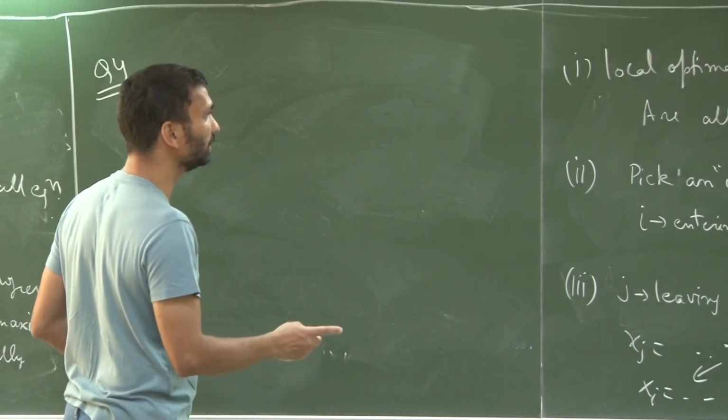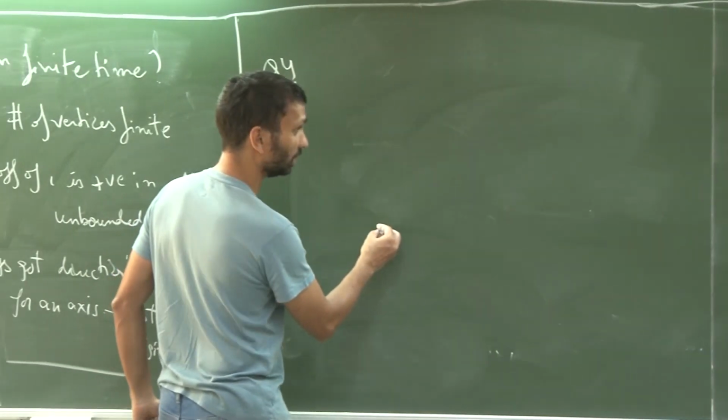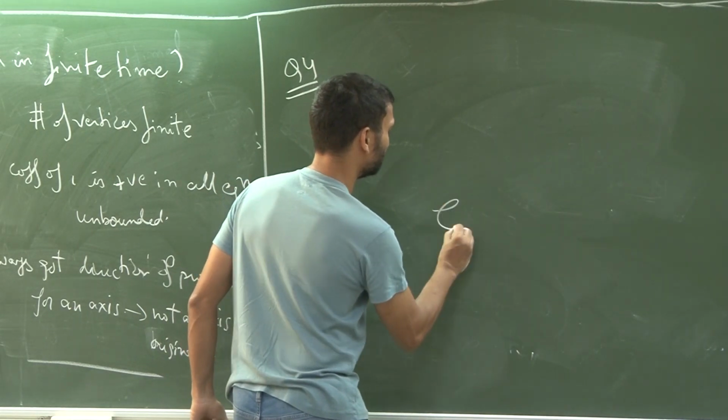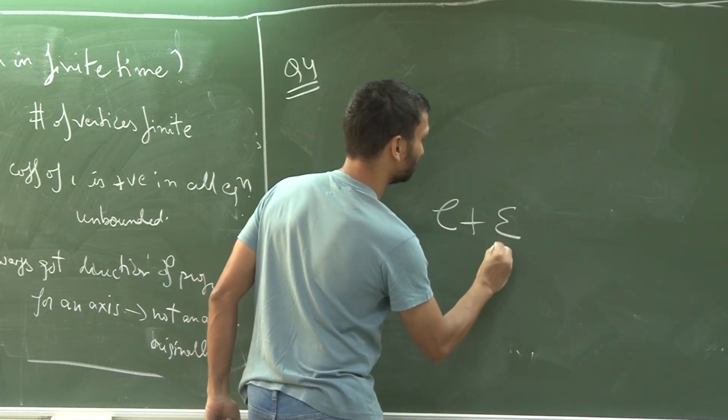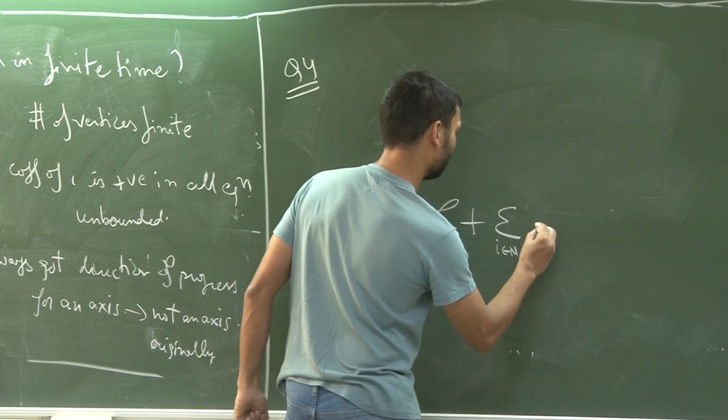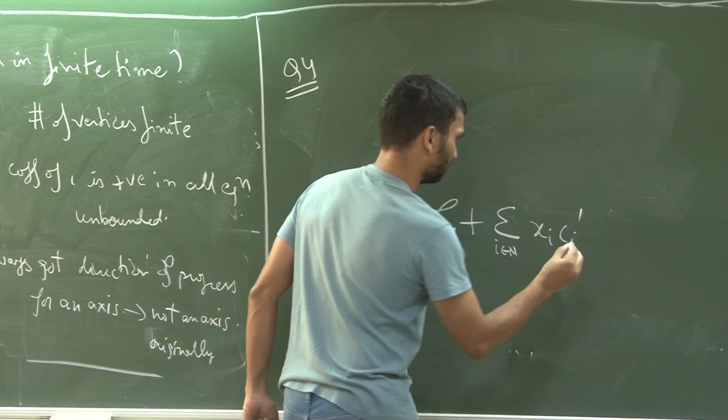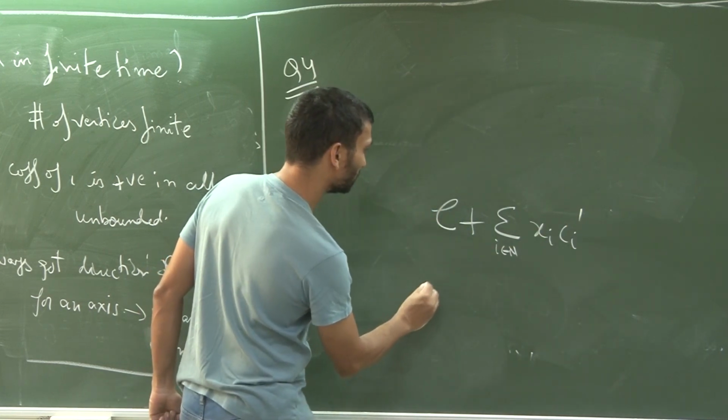You want me to write it? Let me write it. What was it? C plus summation. Correct? And then what was the equation here? XB.